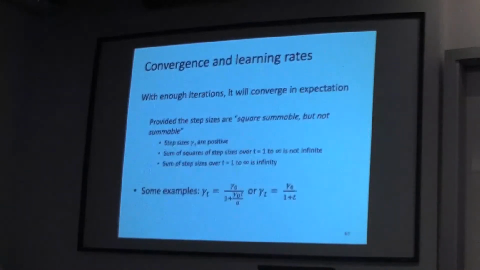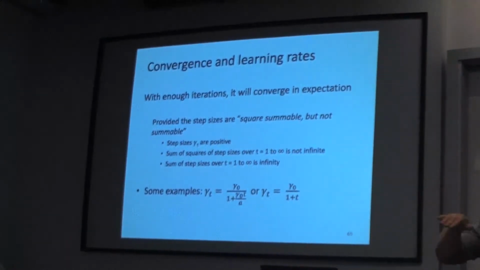Okay, so now let us talk about gamma t, right? The learning rate or the step size. So in our least mean square regression case, we can simply set the learning rate to be a small constant number, right? But in a more complicated objective function, if you really want your stochastic optimization procedure to converge to the function optimum, you have to make some restriction on the learning rate gamma t.